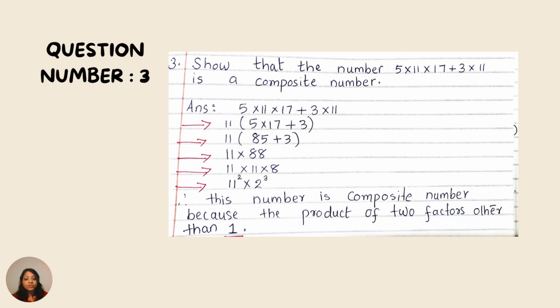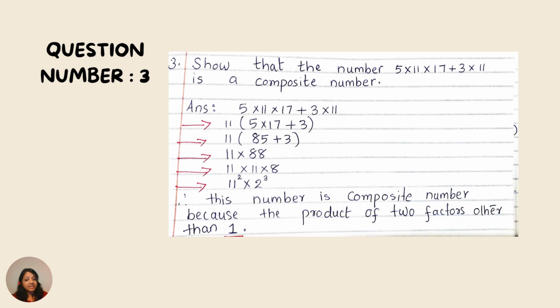See, for this composite number, you can take 11 as common, right? If you take out the 11 from there, what is inside? It's 5 times 17 plus 3. Then 5 times 17, you will get 85. 85 plus 3, you will get 88.